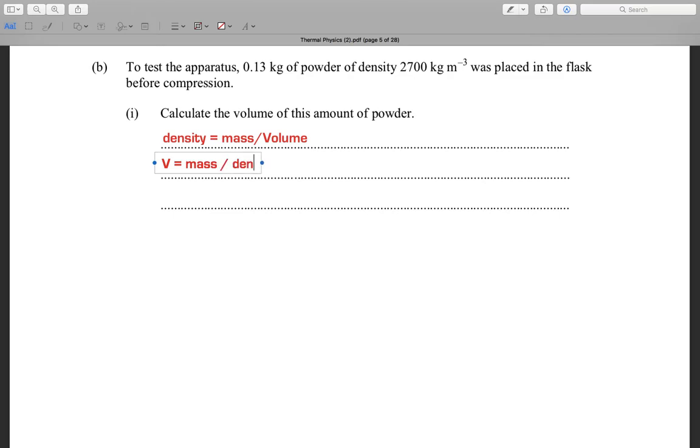So mass is 0.13 divided by density 2,700.